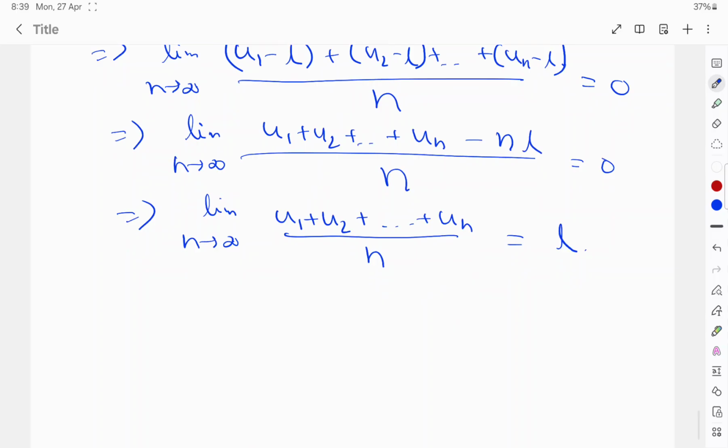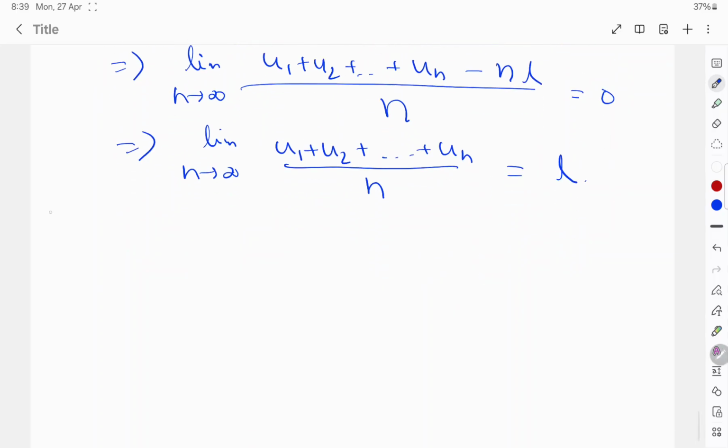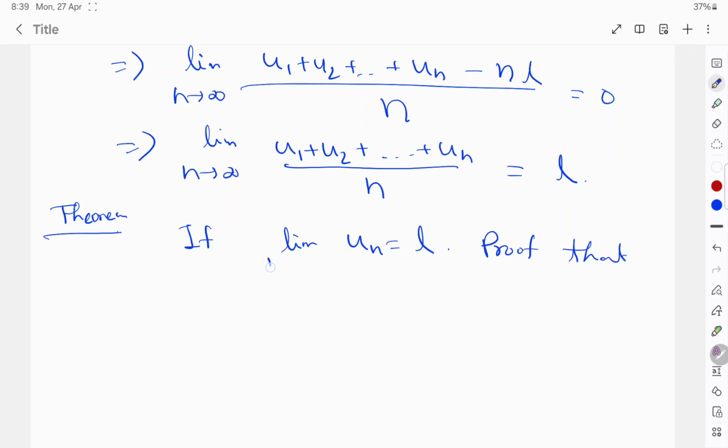So this is proved. Now there is a similar theorem. If limit u_n is your L, prove that, you can write this n tending to infinity, but sometimes they may omit this term.